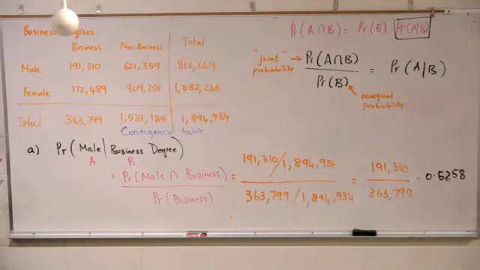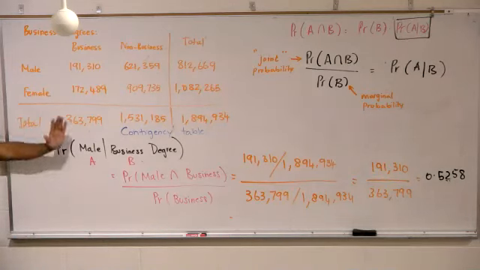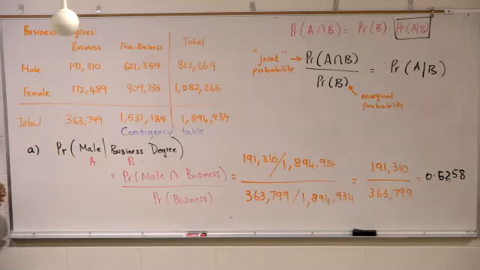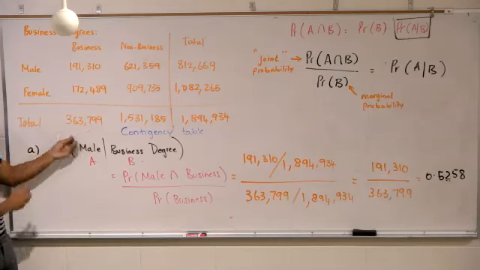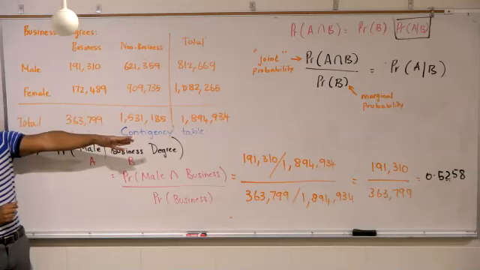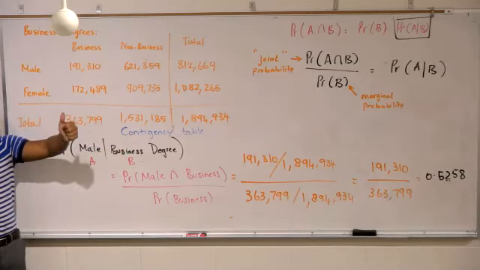I'm asking a question of all the people that I have sampled, how many of them are male and have a business degree? So I'm going to divide it by the total. Of all the people that I have sampled, I would like to know the number of people who hold a business degree. So I take the total of business people and divide it by the total number of people that I sampled. Does that make sense?